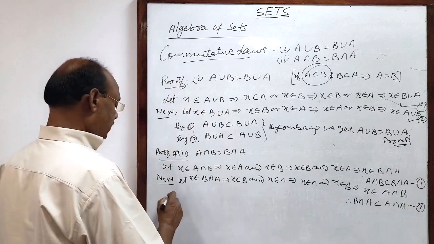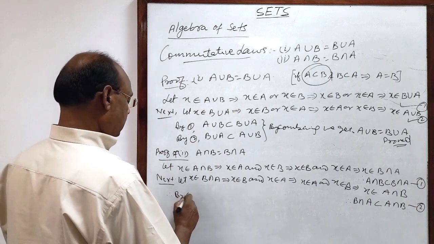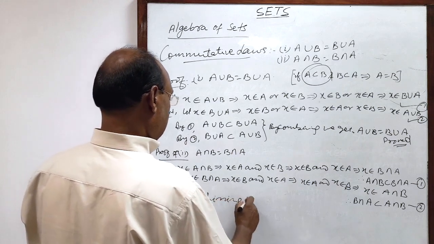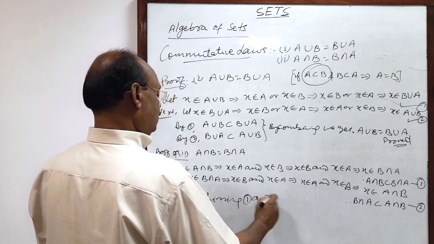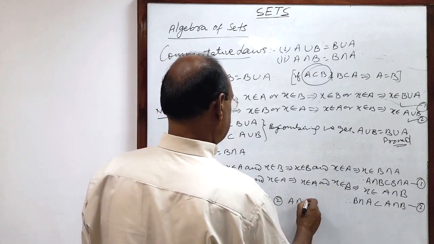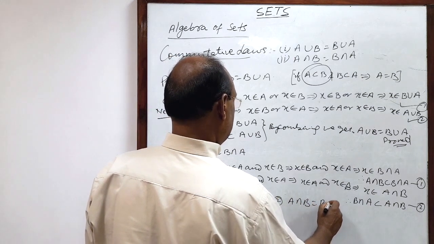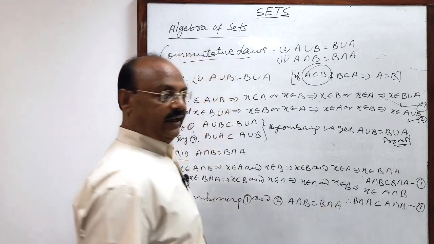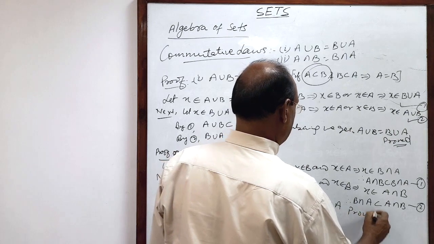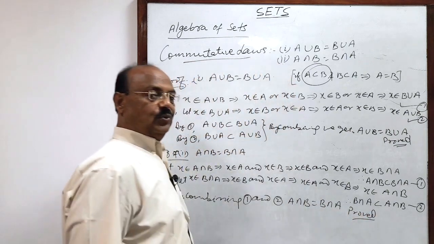So we will write here, therefore by combining 1 and 2, we get that A intersection B is equal to B intersection A. So the second part of this commutative law is also proved here.